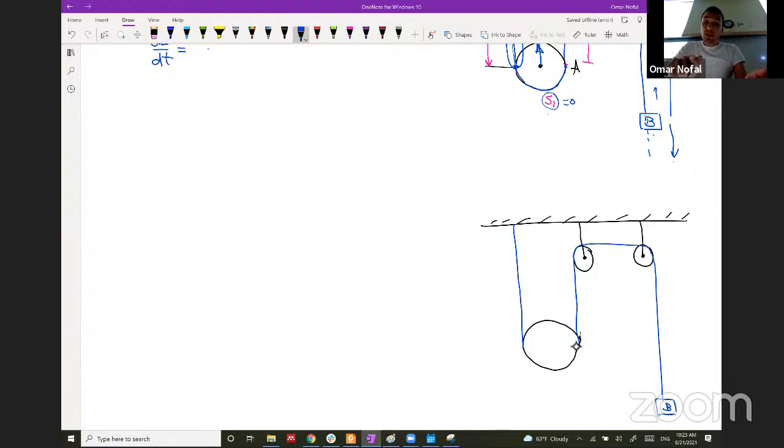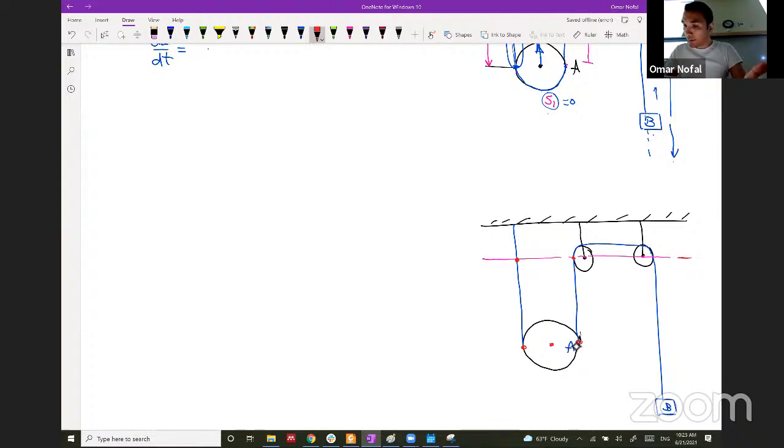So to solve these problems, you will have to identify a fixed axis like this one. You know that these points are not changing. So this is our fixed axis. And then identify the variable lengths. So what are the variable lengths in this problem? You know that this length from here to here is variable, and similar is this one, because I know that this pulley might go up and down, which will change these two lengths.